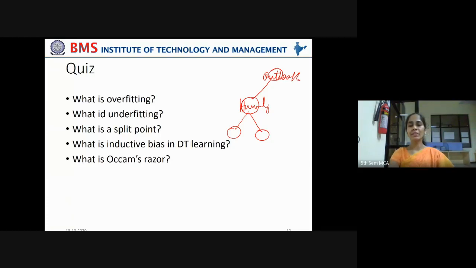What is inductive bias in decision tree learning? You have to answer this. This point has been discussed for the last 3 classes. There are 2 assumptions with respect to decision tree learning. What are those assumptions?